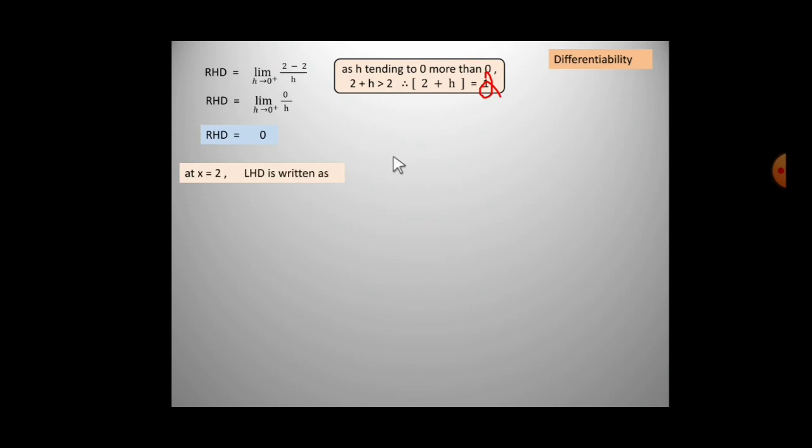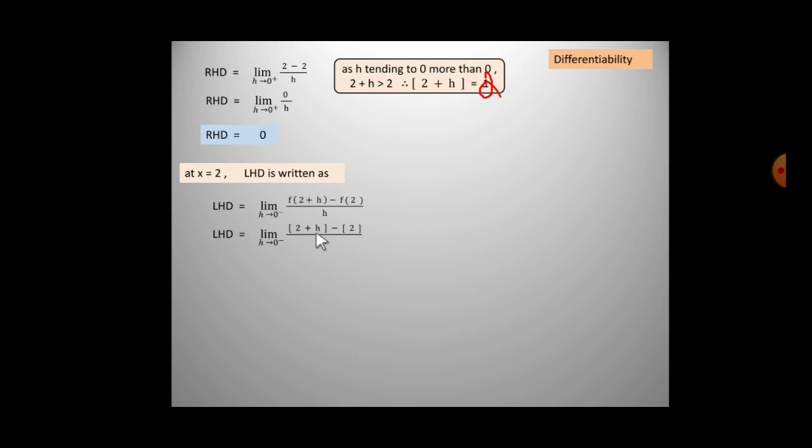Similarly, the left hand derivative is operated, that is f of 2 plus h, here the symbol changes to minus. So the greatest integer of 2 plus h, f of 2 is the greatest integer of 2, divided by h. So next, substitution of this. Now h is tending to less than 0.